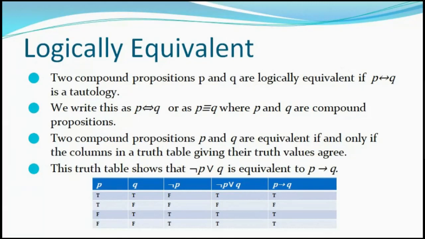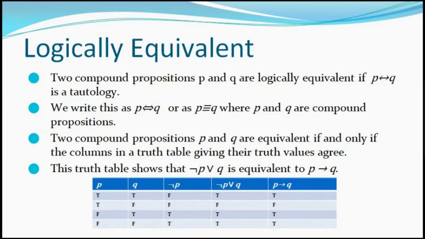Two compound propositions P and Q are equivalent if and only if the columns in the truth table giving their truth values agree. Here is the truth table showing negation P or Q is equivalent to P implies Q. The same thing we have also seen in the previous lectures.